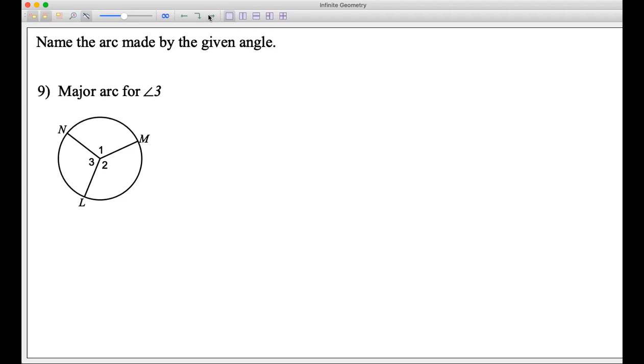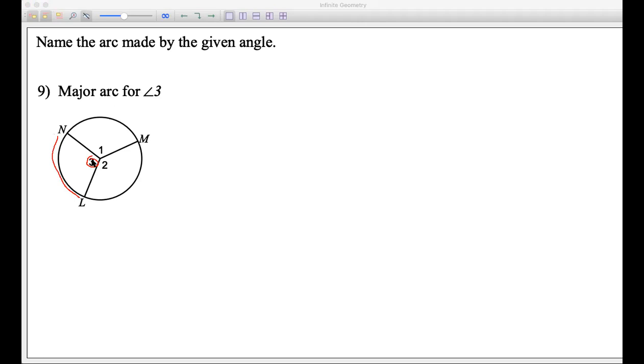Let me diagram that for you, Jenna, since you're not here. I would not personally ask the question like this. Angle 3 is the central angle to arc NL, which is a minor arc, but it says, what is the major arc defined by angle 3?